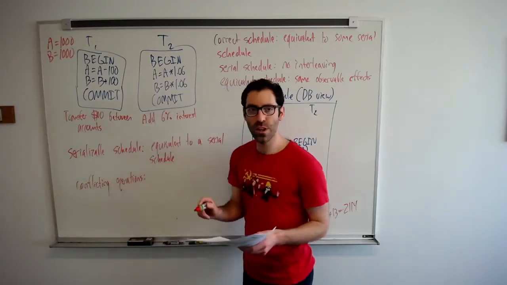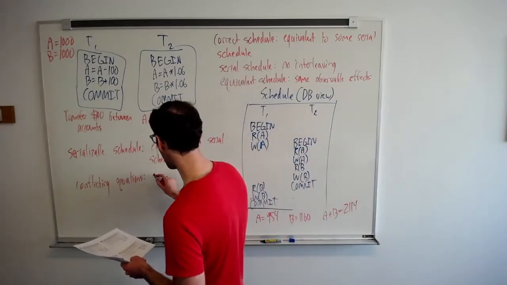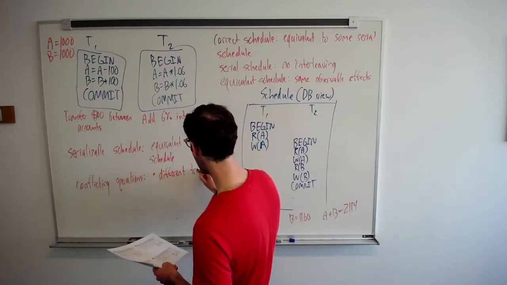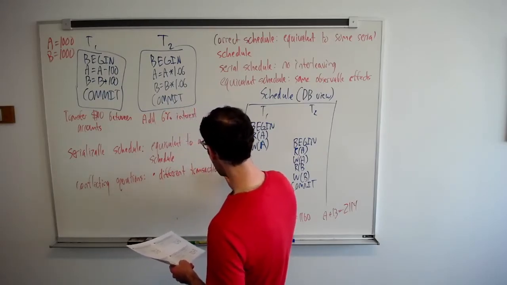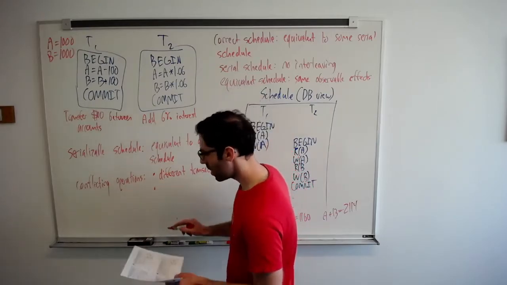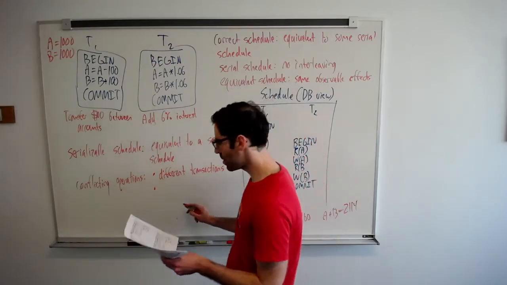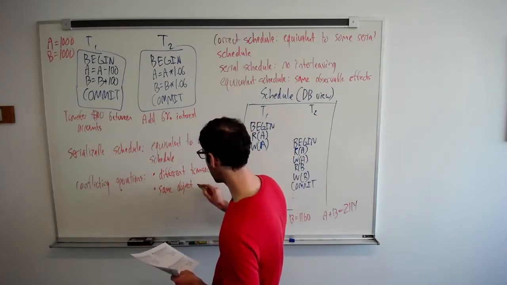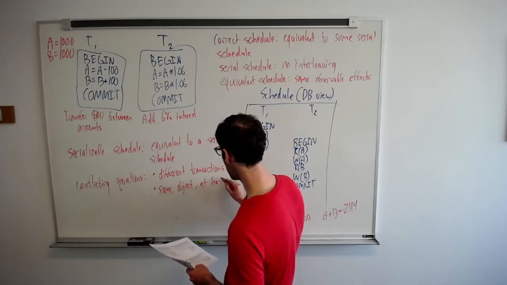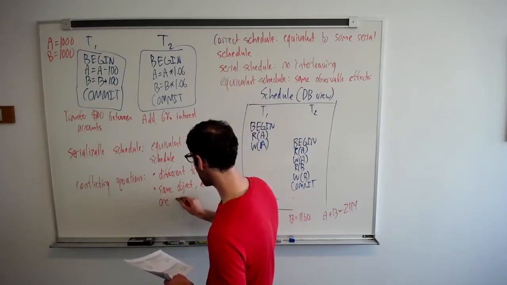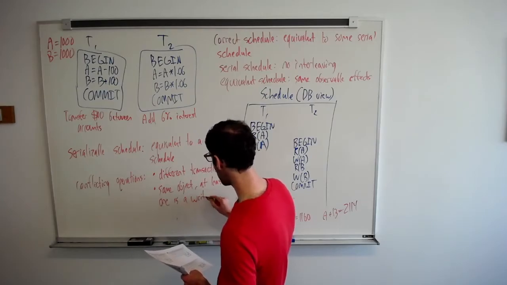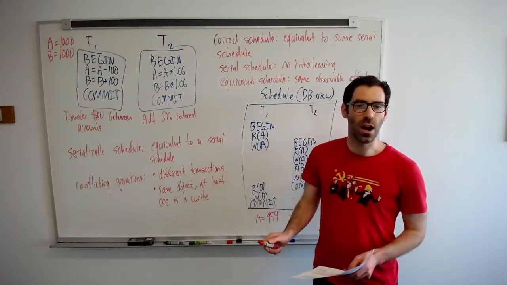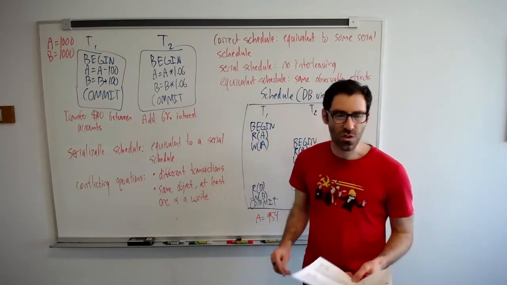Conflicting operations are from different transactions, and they are operations that are applied to the same object, where at least one of the operations is a write.